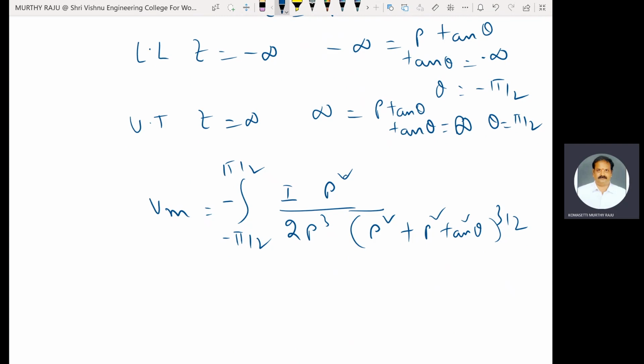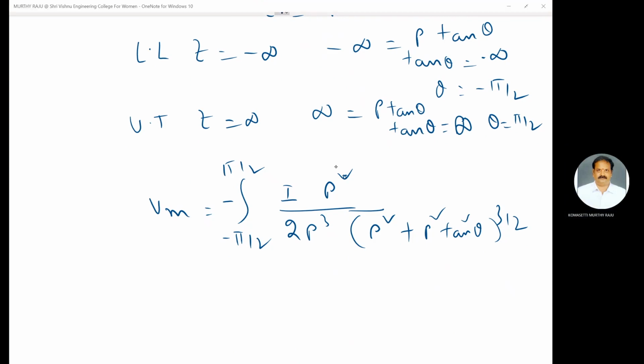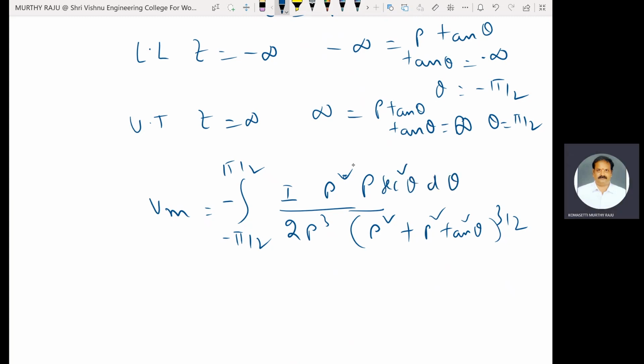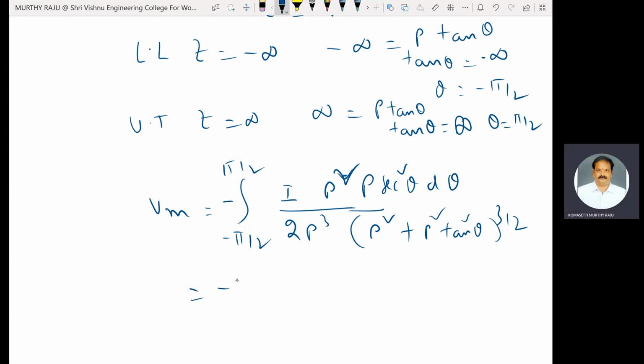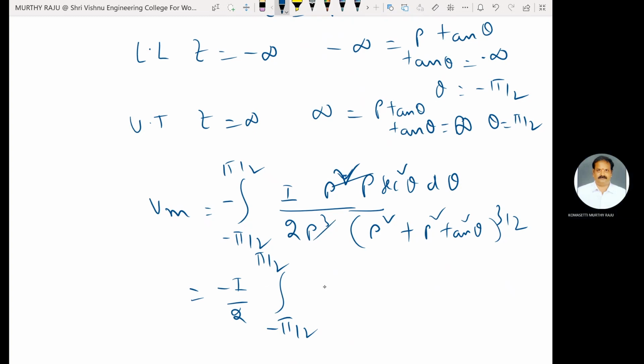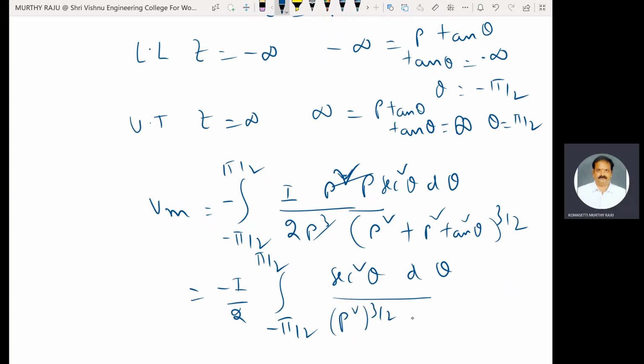Rho square is a common term: 1 plus tan square theta is secant square theta, whole power 3 by 2.